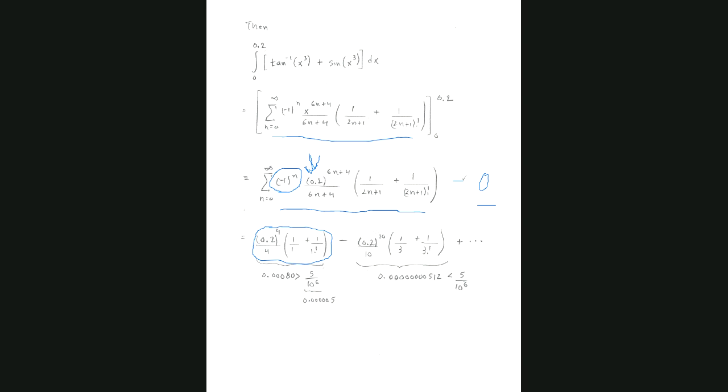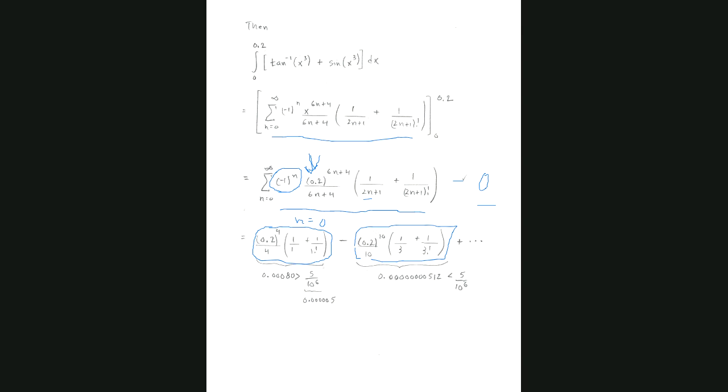And 1 over 2n plus 1, that's 1 over 2 times 0 plus 1, that's 1 over 1. And then you're going to have the next term, so this is when n equals 0, and then you have n equals 1 for the next term.